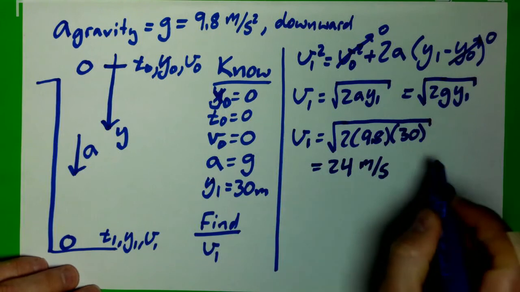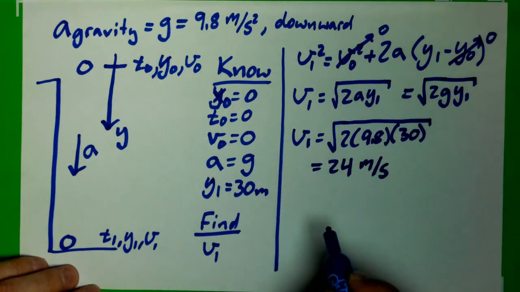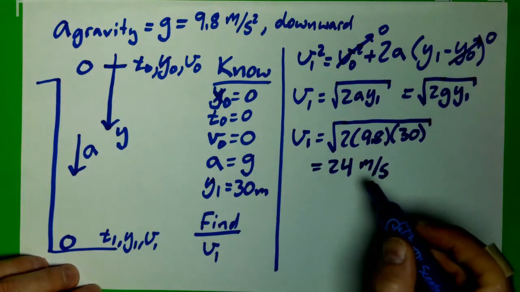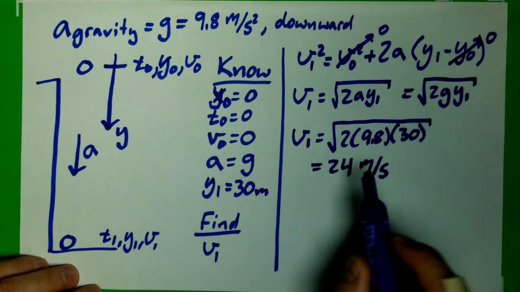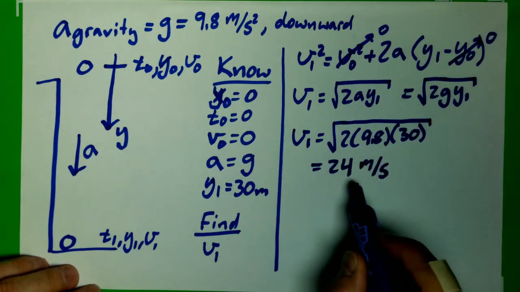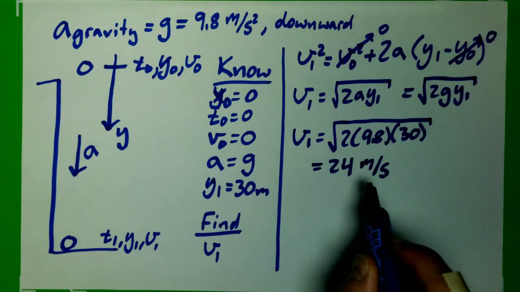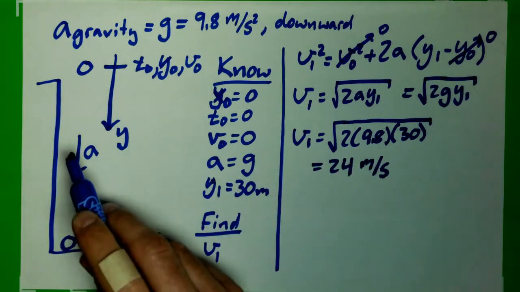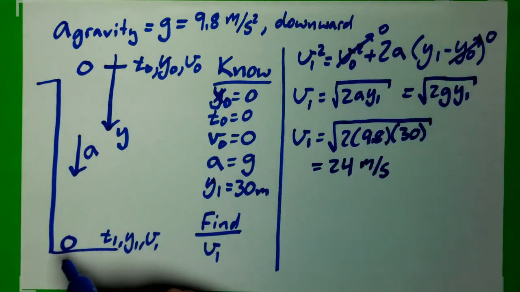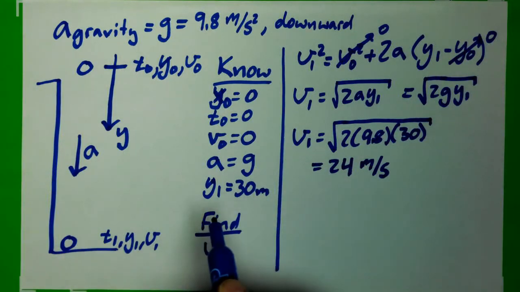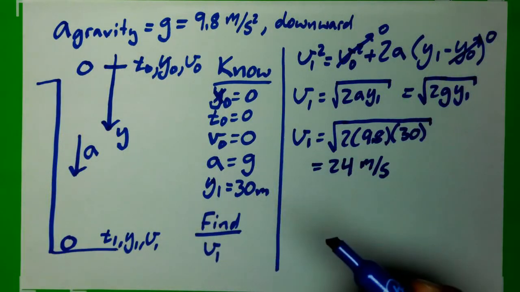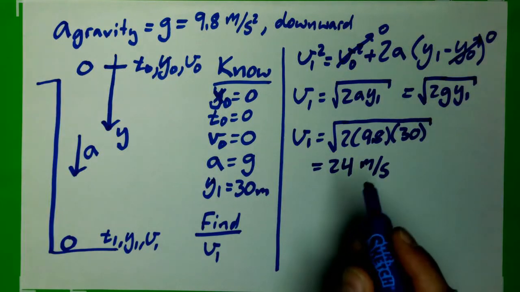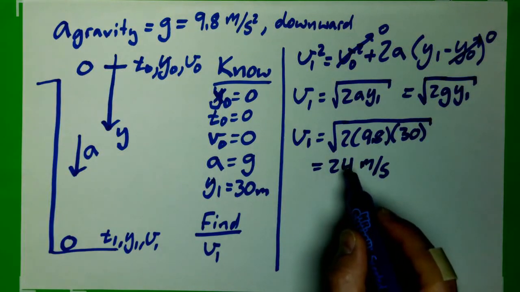Now before I box that in, I need to evaluate or assess its reasonableness. 24 meters per second. Okay, this building is 30 meters tall, and I'm saying that after dropping this ball, by the time it's about to hit the ground, it's moving 24 meters per second. Is that reasonable? Let's do one way.